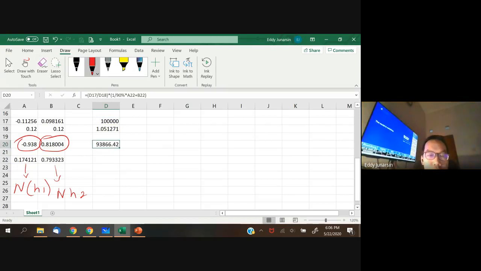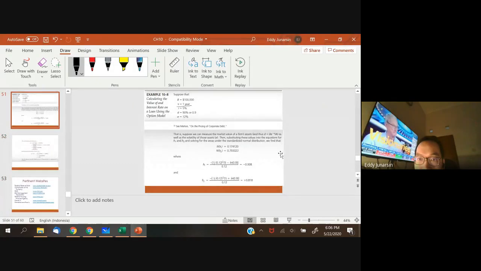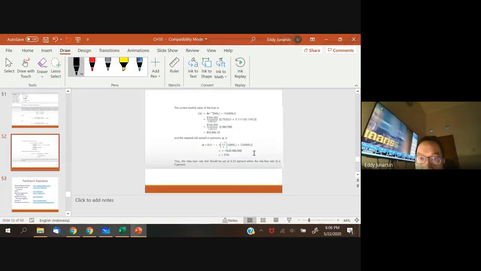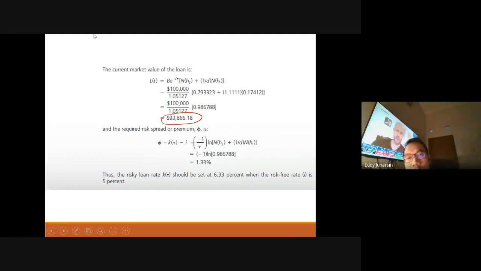Yeah, so we get 93,866. Let's see, what do they get? Yeah, same, right? This is the value of the loan based on the option pricing model.